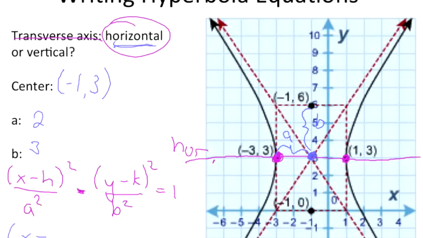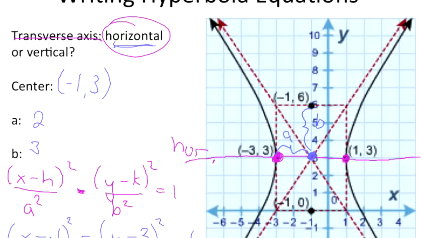We just have to plug and chug. Let's plug some of these in. Always write a blank formula first. It will help you in the long run. So my h was -1, my k is 3, my a is 2, and my b is 3.